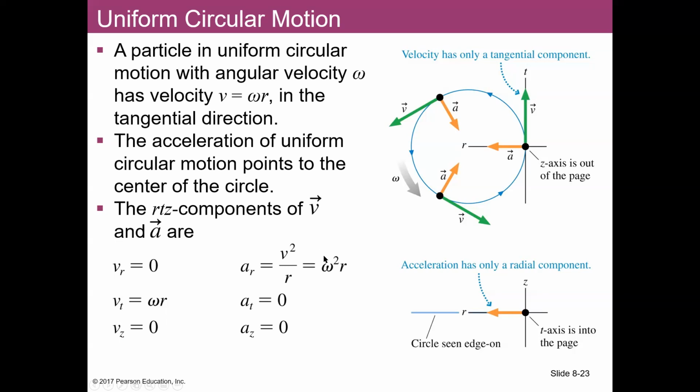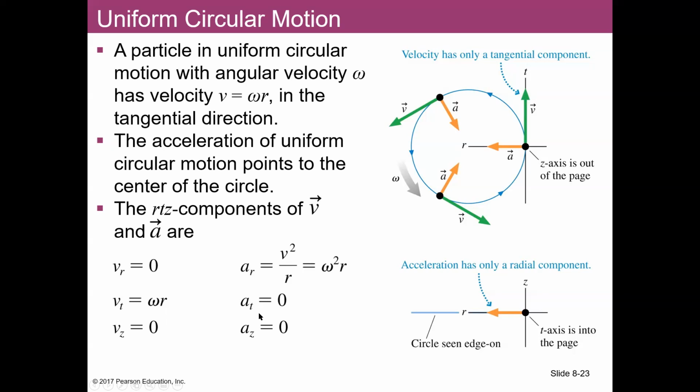Also, we can constrain the acceleration to the r-axis. And we have two different ways of saying that. It's v squared over r or omega squared r. And then a sub t is 0, unless the particle is increasing or decreasing speed.